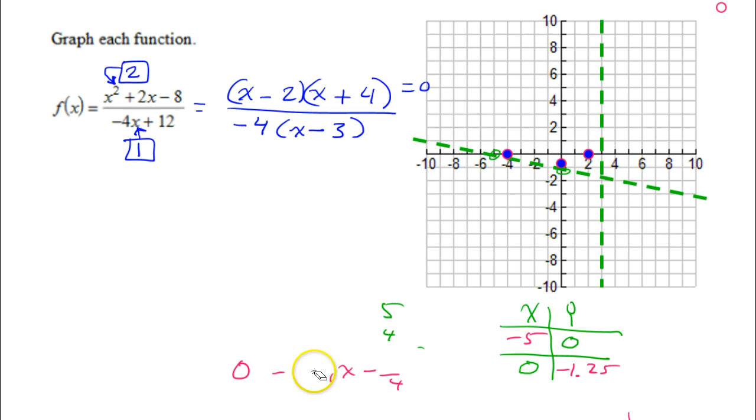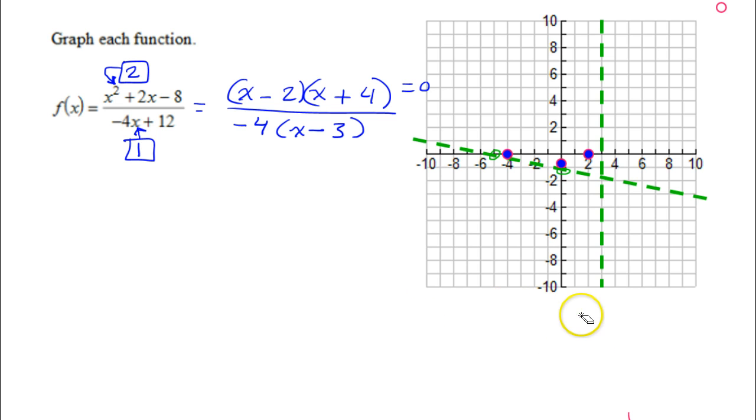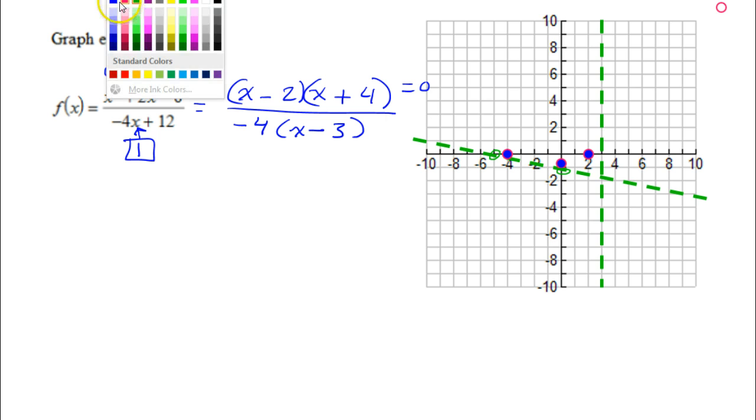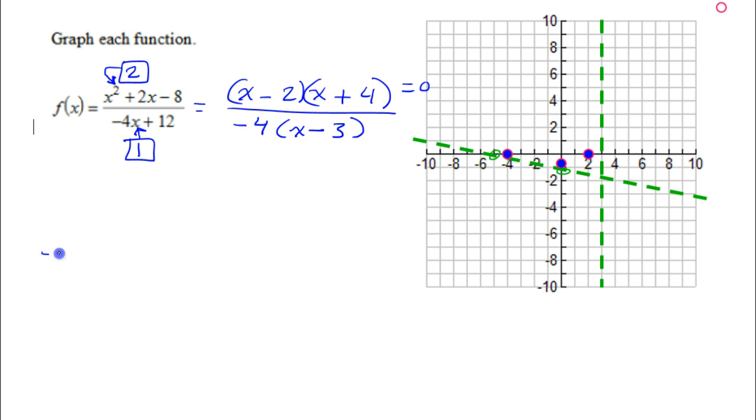Every vertical asymptote gives you 4 points that you need to graph. In this case, we only had one vertical asymptote, so we're going to get those 4 points for sure.